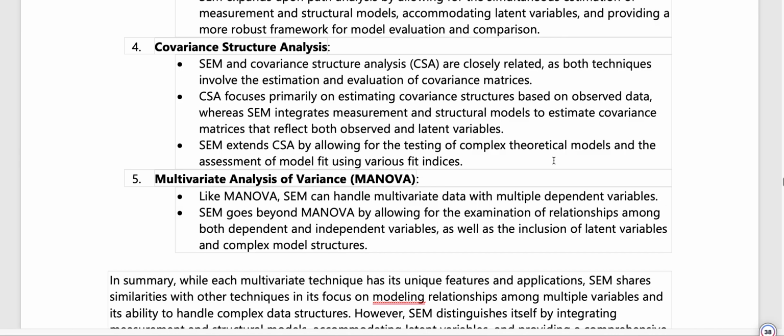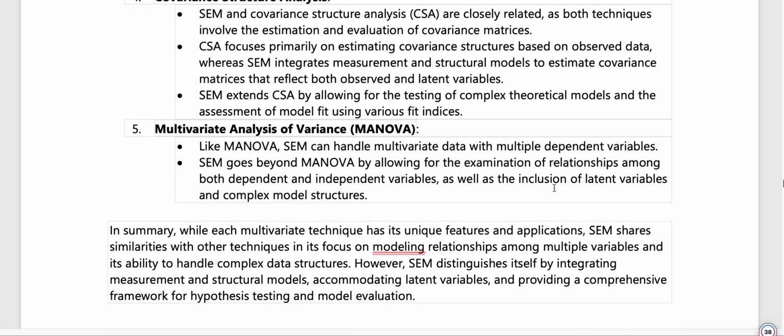Structural equation modeling extends covariance structure analysis by allowing for the testing of complex theoretical models and the assessment of model fit using various fit indices.